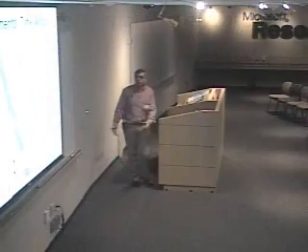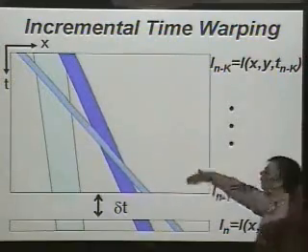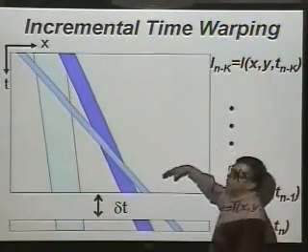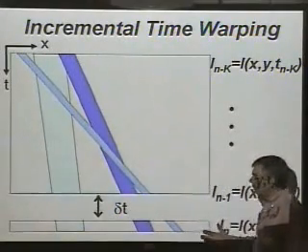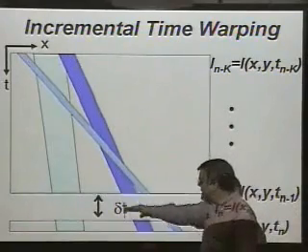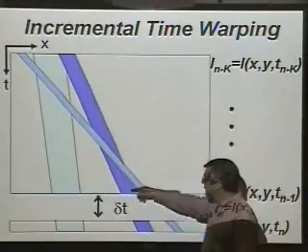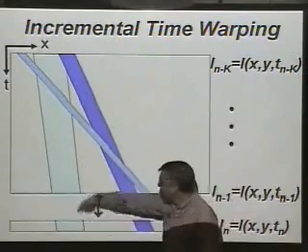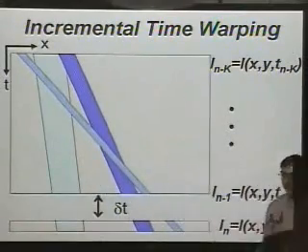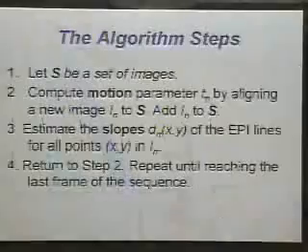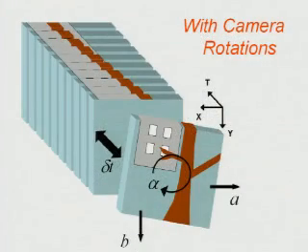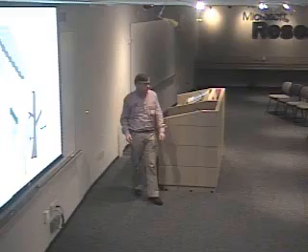The way we do this, we take the space-time volume we constructed so far. We assume that everything until now is a straight line. Comes a new frame. All we have to do is find just one parameter, and we space it correctly so that the features in the new image just continue the straight line in the previous images. Now we rarely have a camera that moves in only translation.